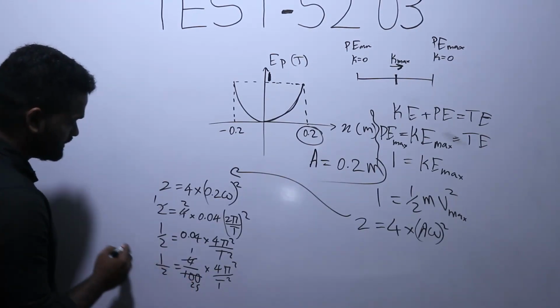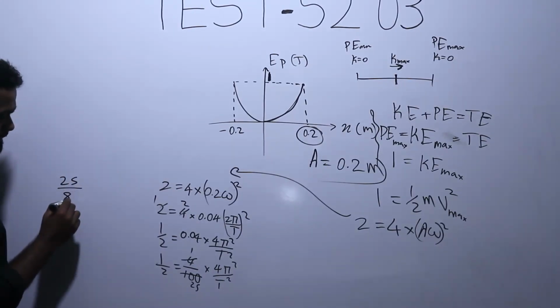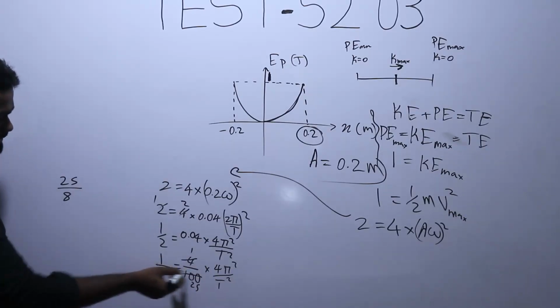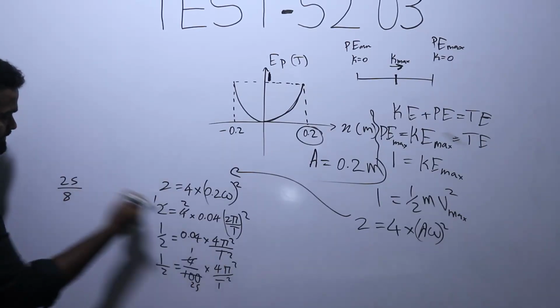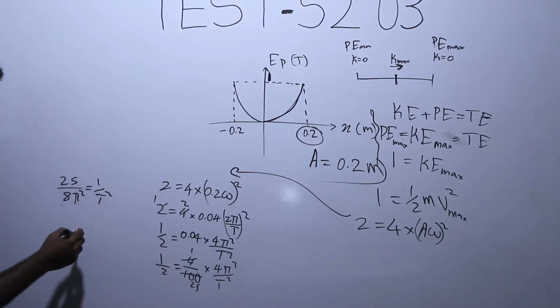If you cross multiply, 25 divided by 8. I'll put 5 squared also at the other step. 5 squared equals 1 over T squared.